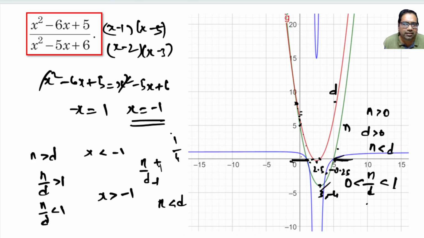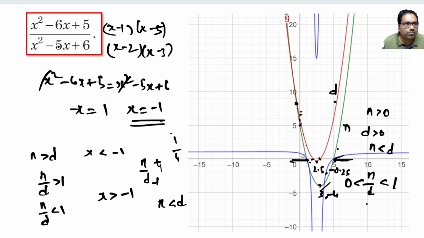Then we have decided which graph is higher at what point. To the left of minus 1, the numerator, the green one, is higher than the red one. To the right of minus 1, the red one is higher than the green one.